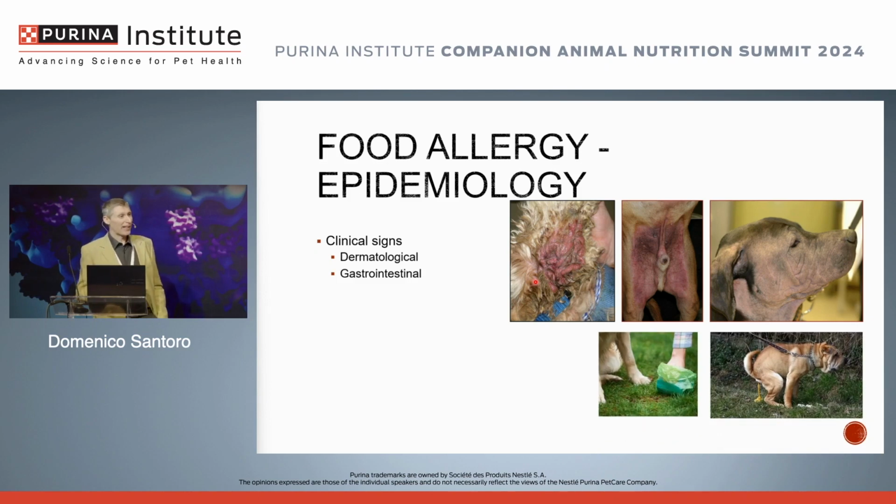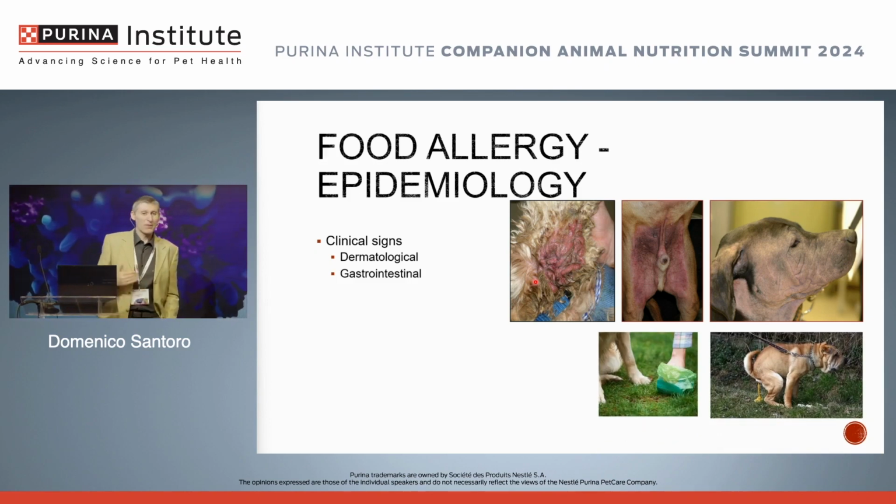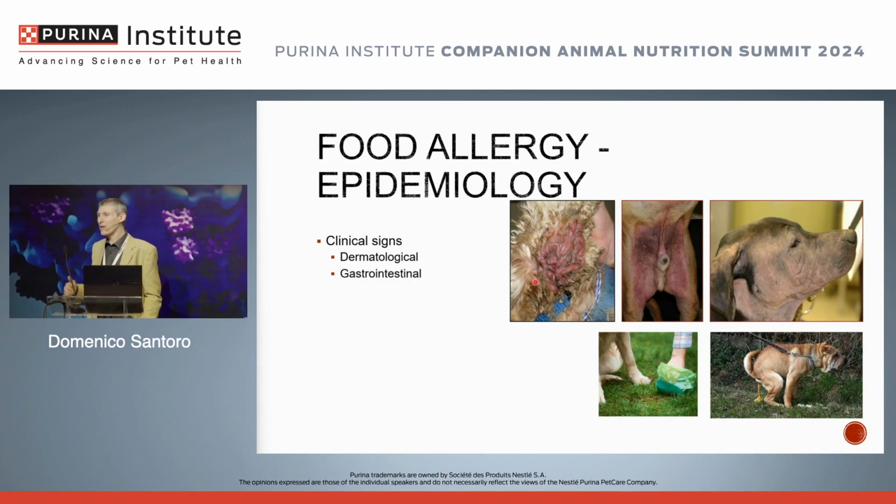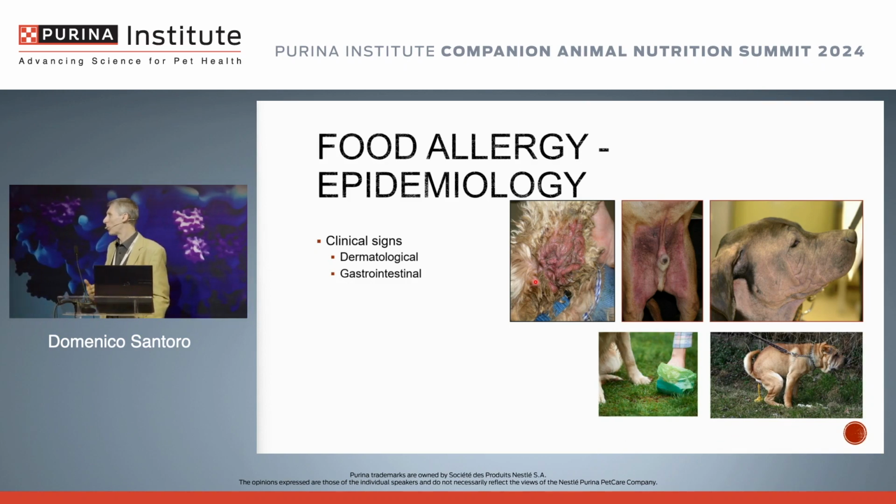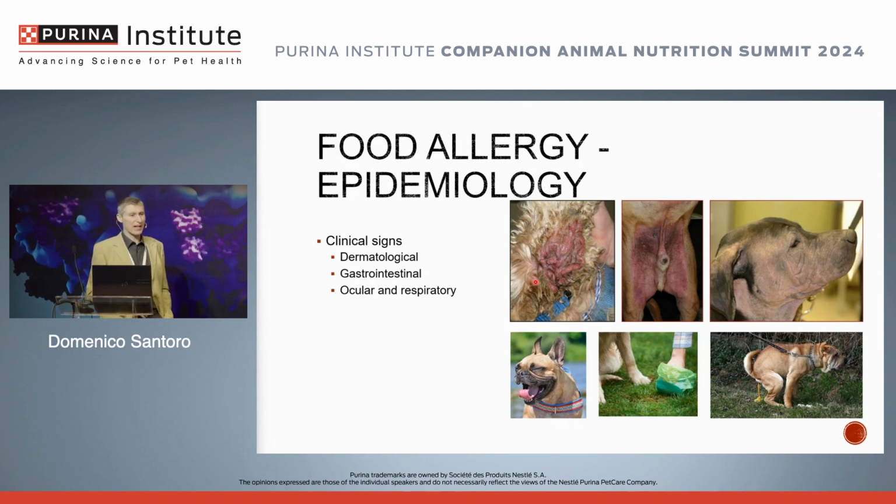But we also have, like I said, gastrointestinal problems. Most of the time we have diarrhea, but we also have much more subtle appearances, and rarely we can have sneezing and rhinitis.